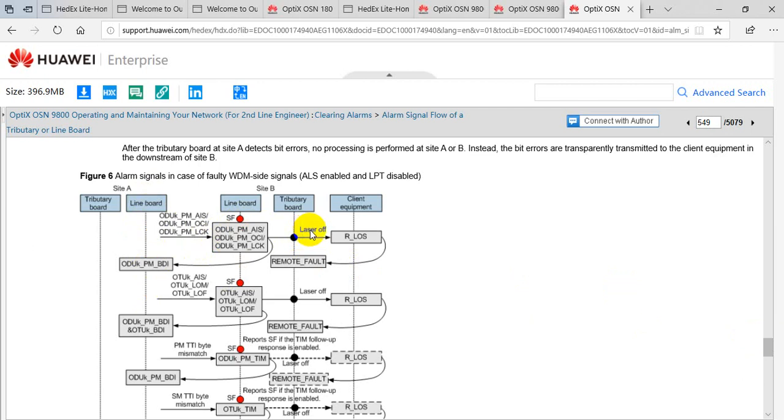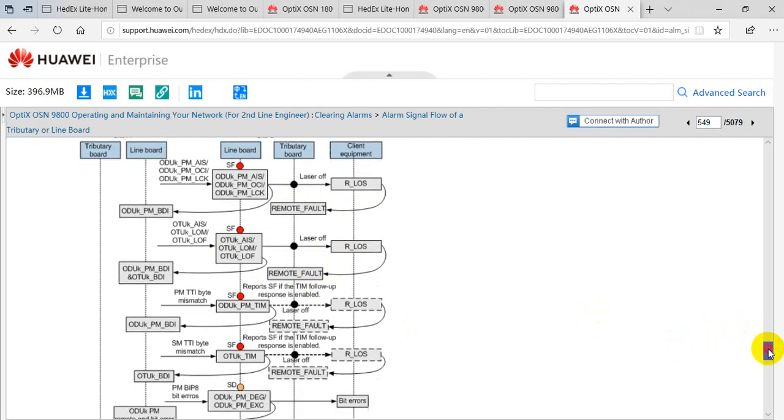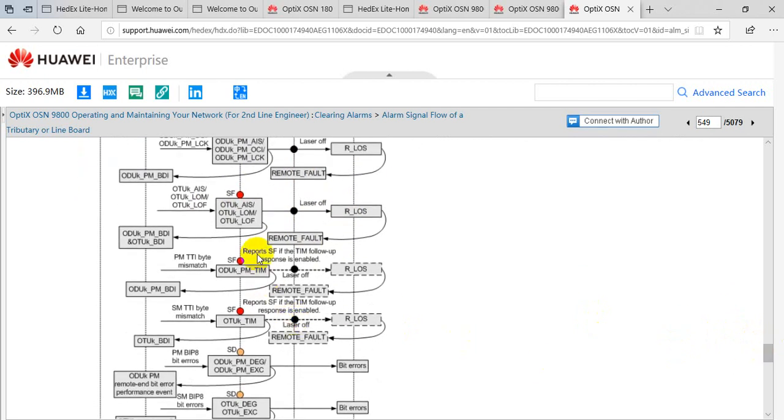There will be intimation to the NMS, and the R loss result is the remote fault. And in all the cases, the conditional signal failure of TIM SM or TIM PM, we have explained. So the laser will go off.